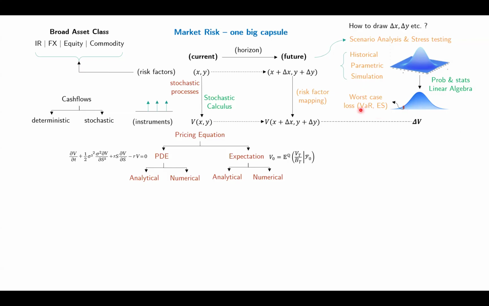Worst case loss scenario means at some given confidence level, I want to estimate the worst thing that can happen. How much can I lose in 1 day or 10 days? Again, that depends on the horizon. There are popular risk measures that we use: value at risk, expected shortfall. I'm sure you must have heard these names. From this distribution, we calculate risk measures, VaR or expected shortfall, which is the worst case scenario.